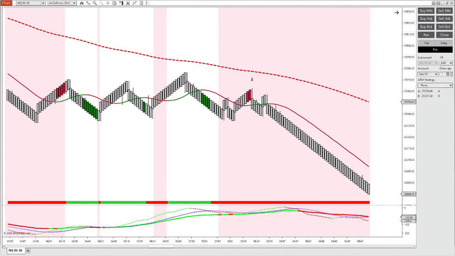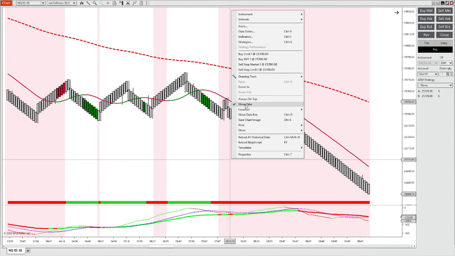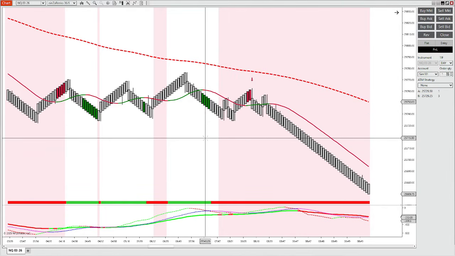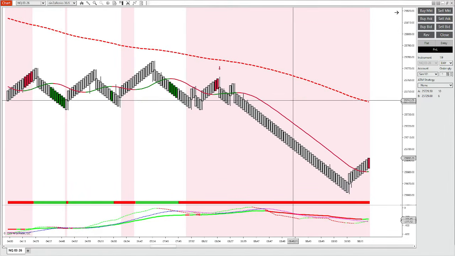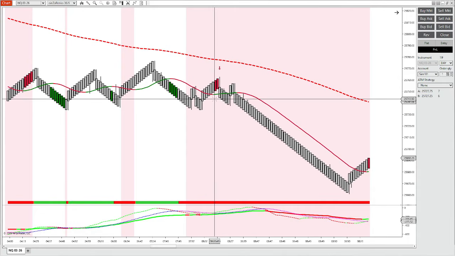I'm going to queue up my MNQ charts while we do this, because MNQ is far more stable than the NASDAQ.